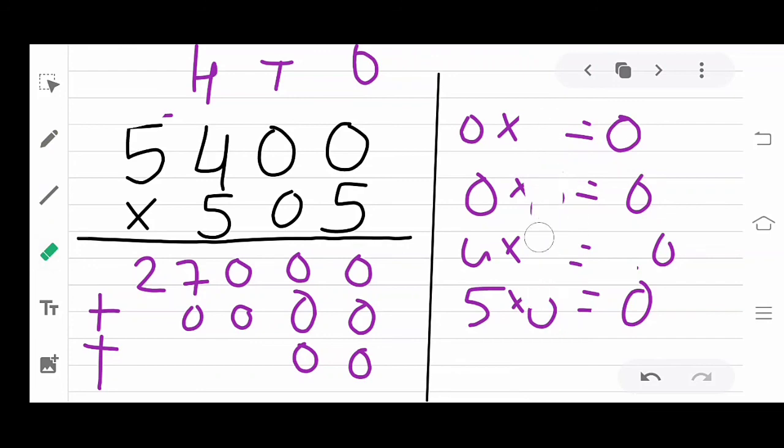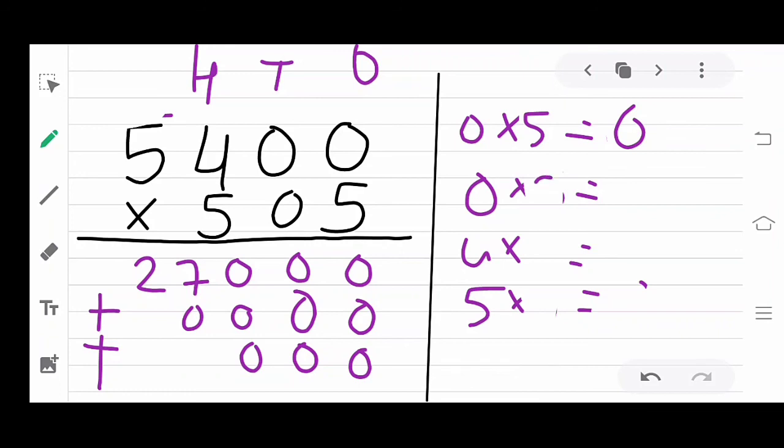So I am write down these sums once again. So start with 0. 0 into 5, 0. 0 into 0, 0. 4 5s are 20.